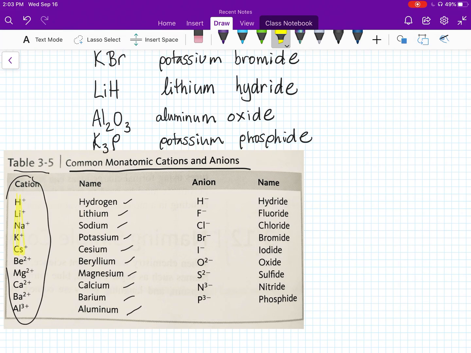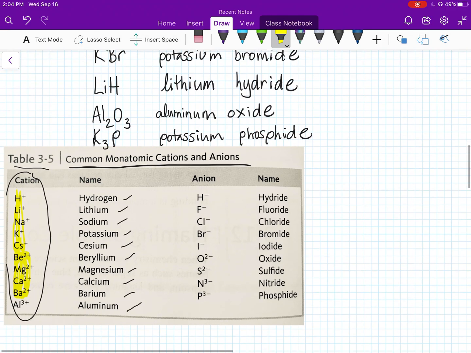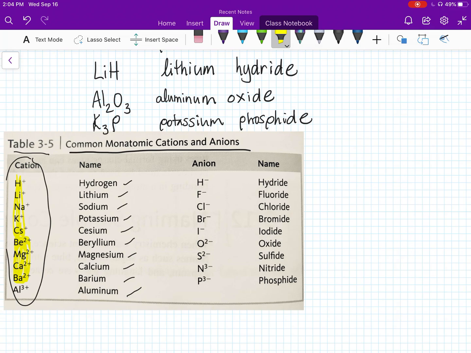So that is, of course, the alkalis, and they have +1 charges in compounds. Then all of these are in group 2, the alkaline earth metals. Those all have +2 charges on the ion. And finally, aluminum is in group 13, and that always takes a 3+ charge.